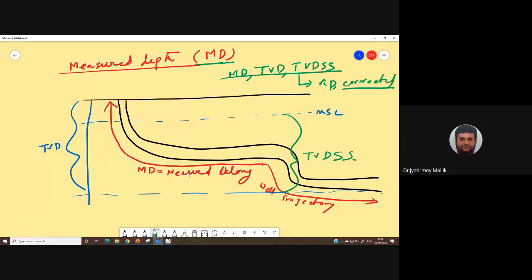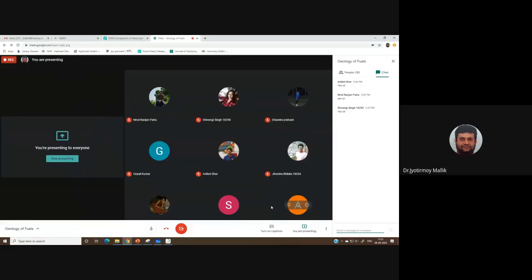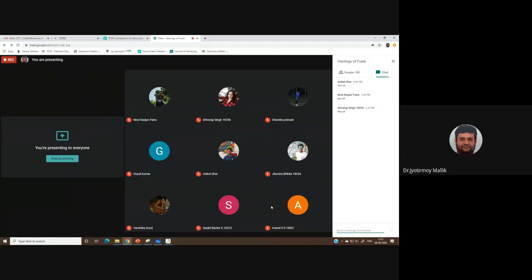Because you also have to tie your well data with other subsurface data, for example seismic, in which a very different depth system will be used. So you should be able to convert MD to TVD, TVD to TVDSS, and standardize it against the Kelly bushing depth. Is it clear around the intricacies of depth in a well?